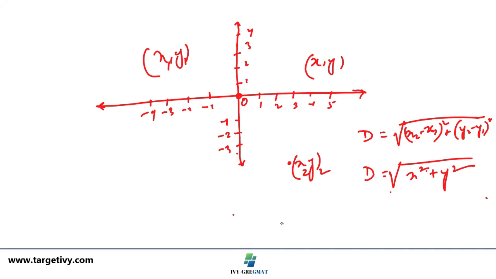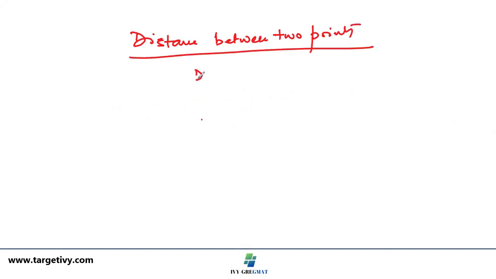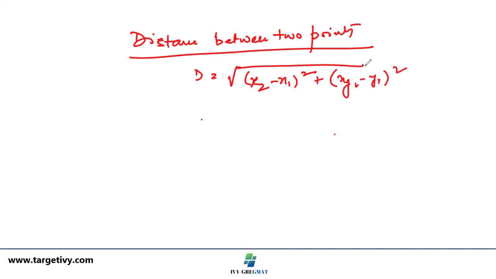So the distance between any 2 points is given by the formula: root over x2 minus x1 the whole square plus y2 minus y1 the whole square. If it comes from the origin, root over x square plus y square.